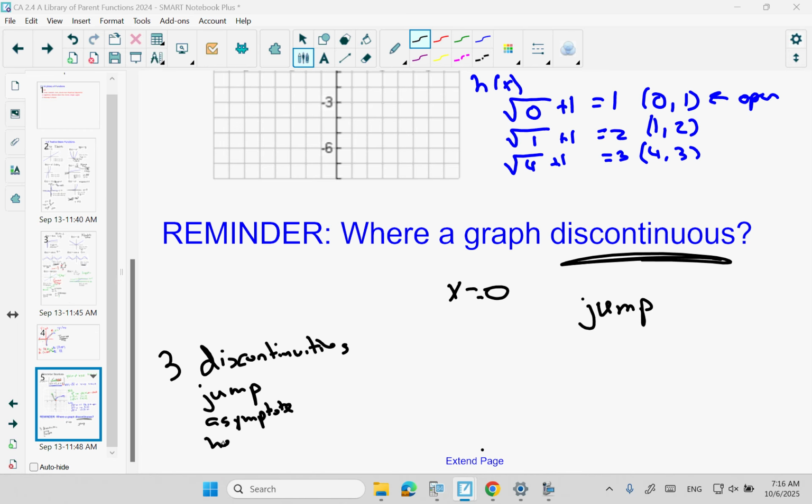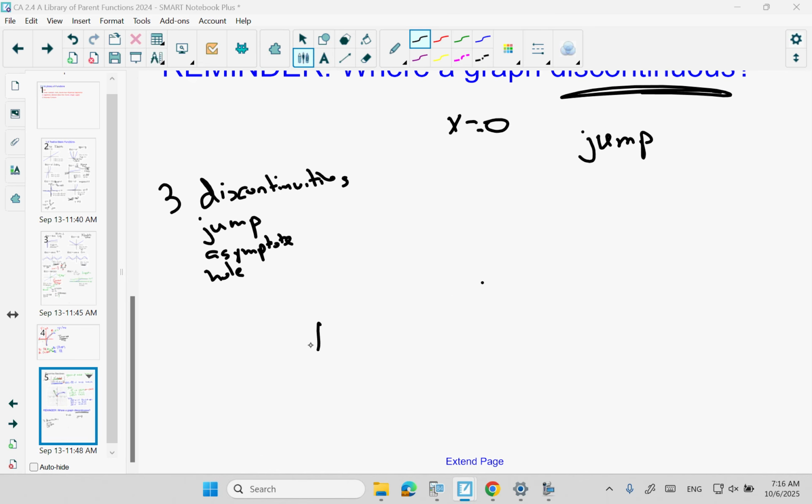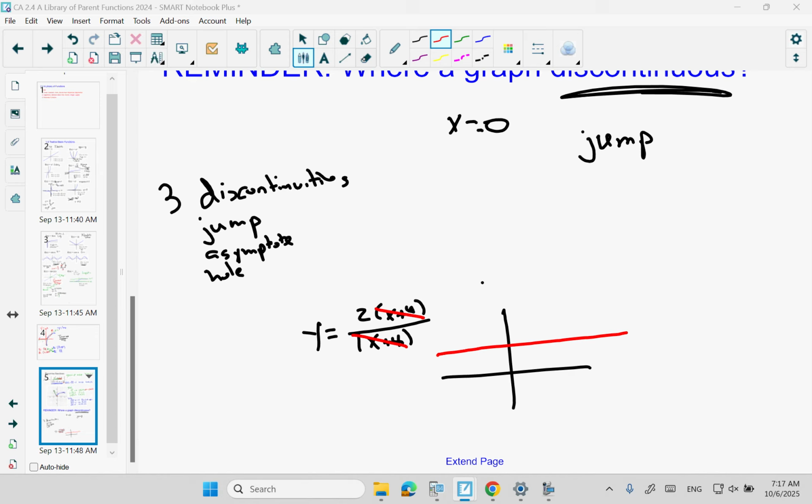And then we have what's called a hole discontinuity. A hole discontinuity would be something like y equals 2 times (x plus 4) over (x plus 4). Now, mathematically speaking, we can cross these out. So when I go to graph it, it might look something like this. Except, technically speaking, x cannot equal -4. So it would have an empty hole right there. So it'd be the hole discontinuity.